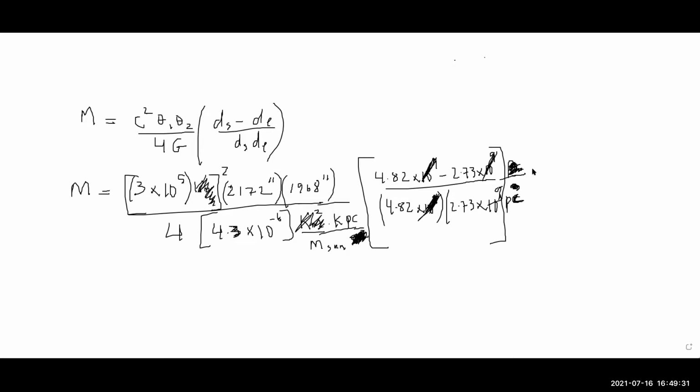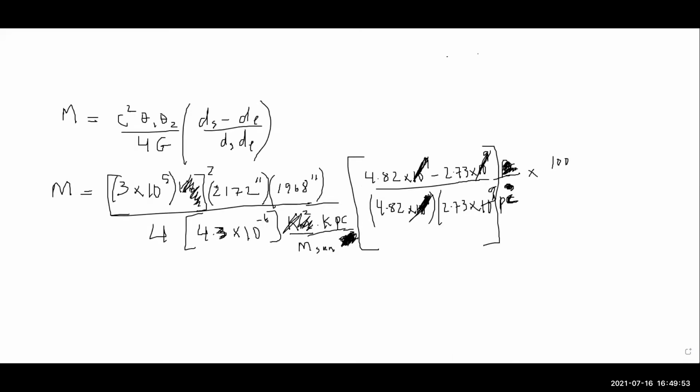Then change this to 1,000 parsecs. Oh, hold on, kilometers per kiloparsec, in kilometers per second. Okay, how are the units going to work out here? Let's see.